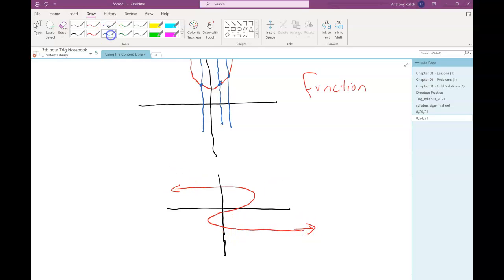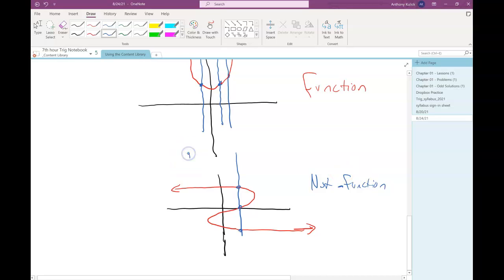Okay. What if I have something like this? Is that a function? No. So it should be easy to see that there's lots of places where I could draw a vertical line that'll intersect the graph more than once.